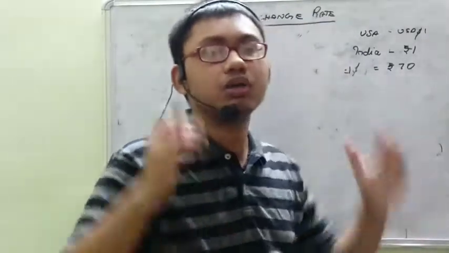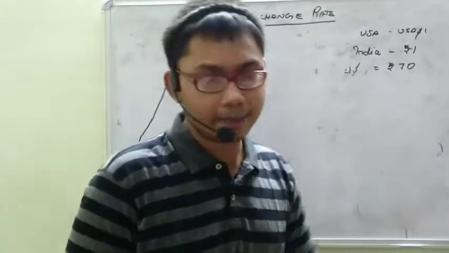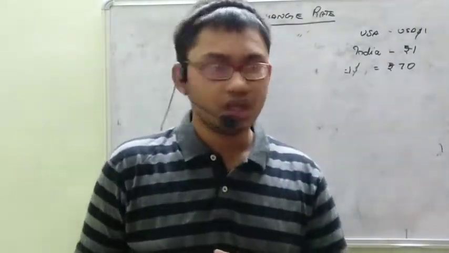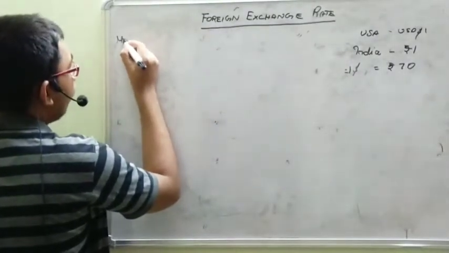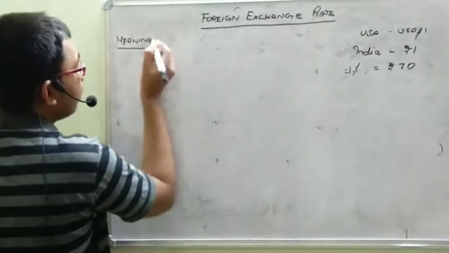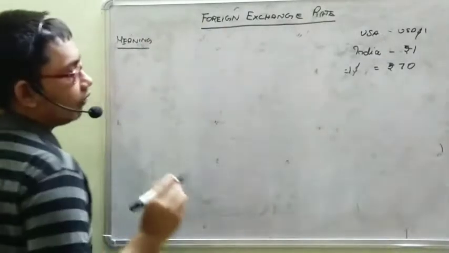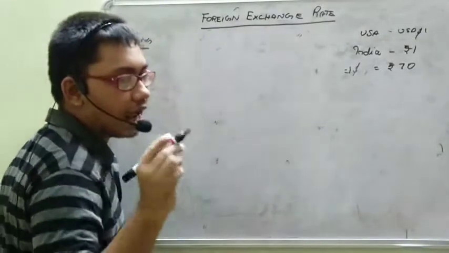And with this $1, you can do any monetary transactions in the United States of America. So what is this rate, the 70? This rate is the foreign exchange rate of dollar and rupee.